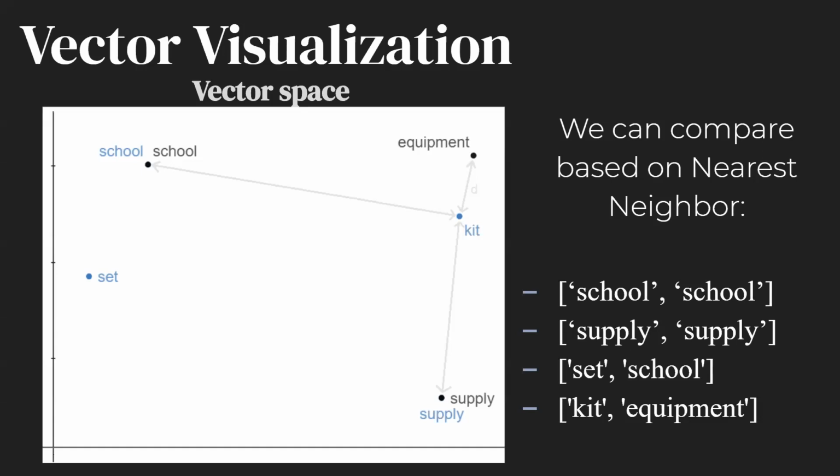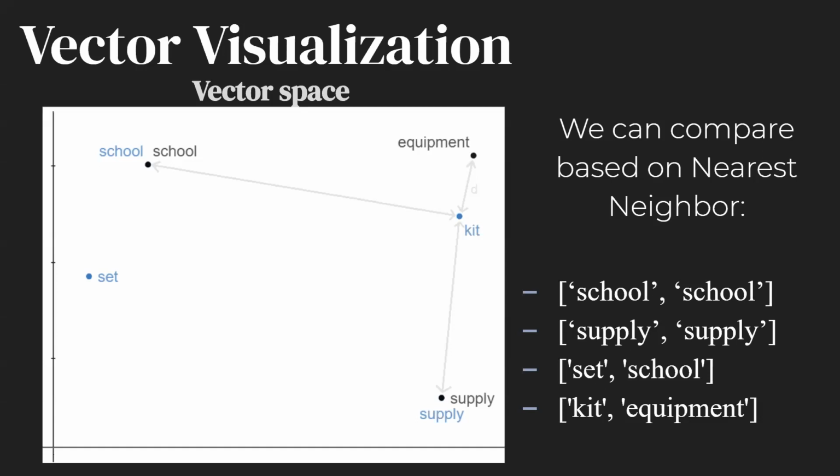We use a similar process: we compare set to supply, set to equipment, and set to school. Here, the next nearest neighbor is school, since it has the smallest distance.